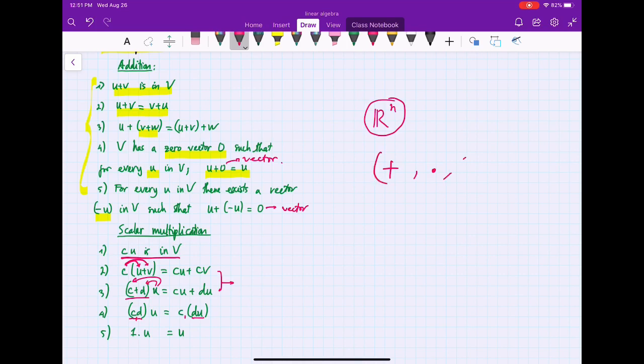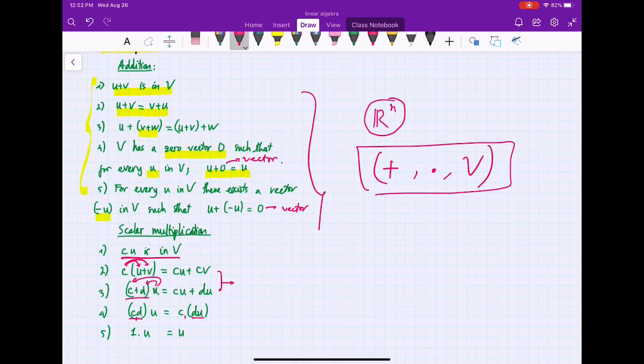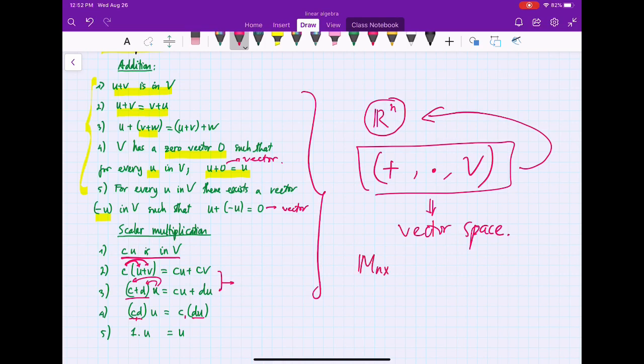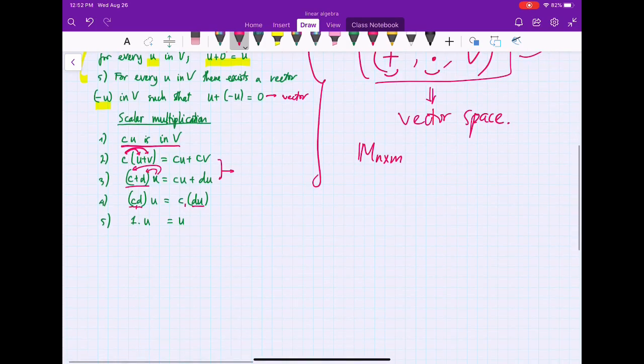And together with V, if scalar multiplication and addition satisfy the 10 properties like this, then this is a vector space. Okay, so that means Rn is a vector space, right? And the set of n by m matrices together with standard matrix addition and scalar multiplication is also a vector space, right? Now let's consider more examples about that.